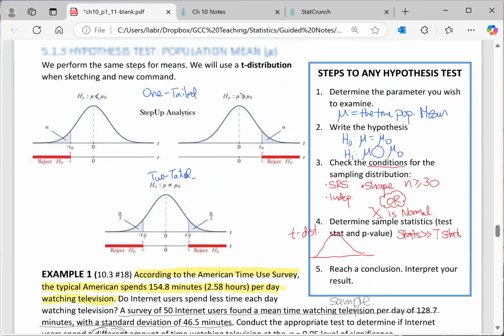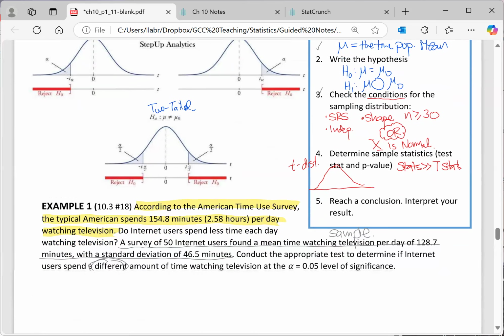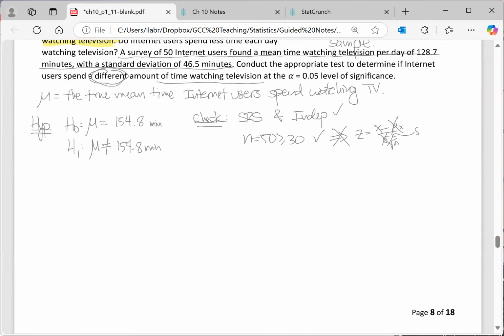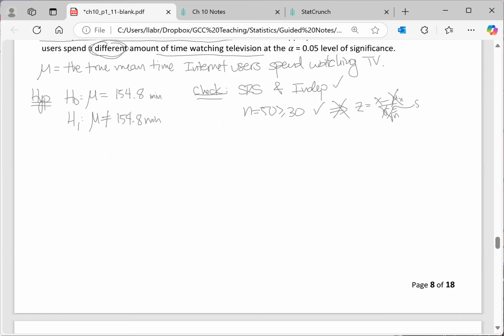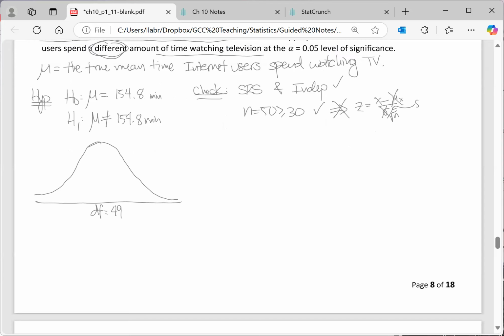So let's see, where are we at? We've got the parameter. We've got the hypothesis. We've checked our conditions. So now we just need to go ahead and sketch and get the test statistics. So this hypothesis test we've already done in our intro. So let's just run through this a little bit quick. So let's sketch my distribution. The t distribution, degrees of freedom is 49. So remember that as the degrees of freedom increases, the t distribution becomes more and more normal-like.